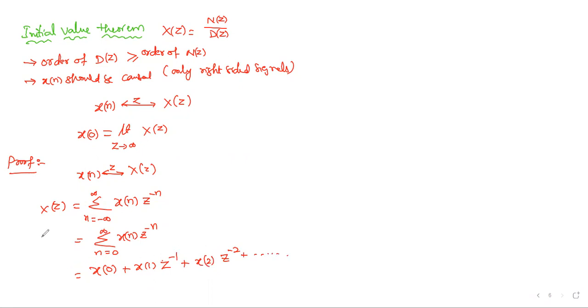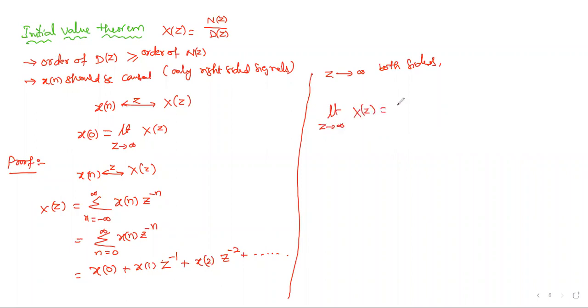Now, if you take the limit z tends to infinity on both sides, what do we get? The limit as z tends to infinity of X of z is equal to the limit as z tends to infinity of x of 0 plus x of 1 into z power minus 1 plus x of 2 into z power minus 2 and so on.